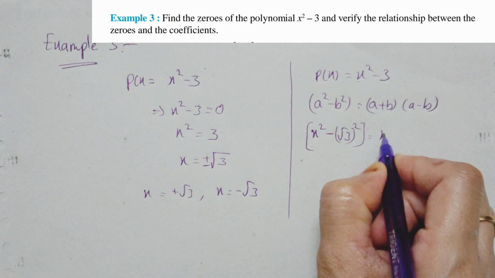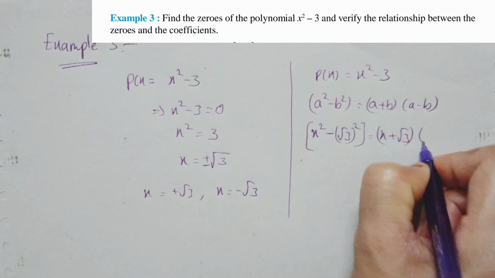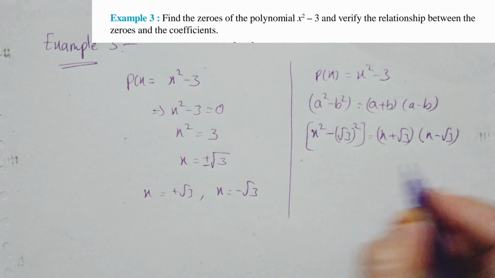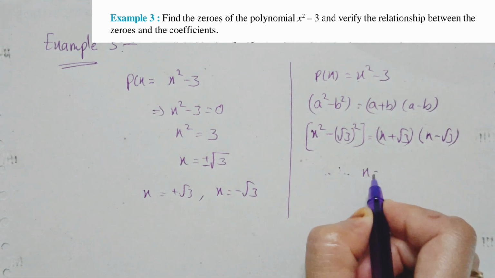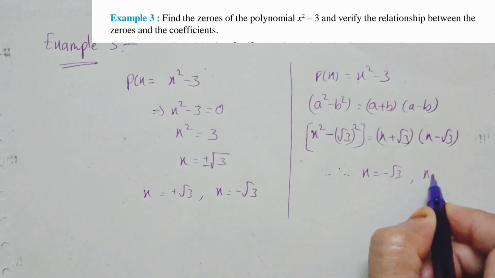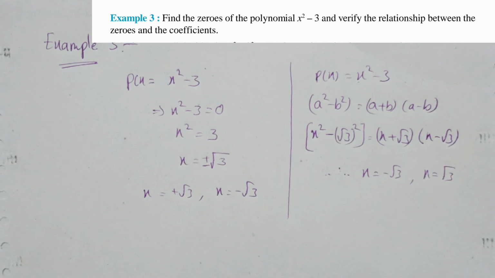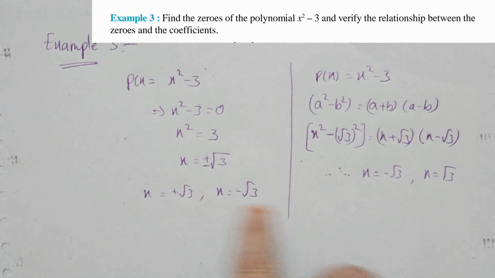Here x means x plus root 3, then x minus root 3. Therefore, here also we'll get the same x values. x equal to minus root 3 and x equal to plus root 3. Means we are getting the same. You can do any one of these.